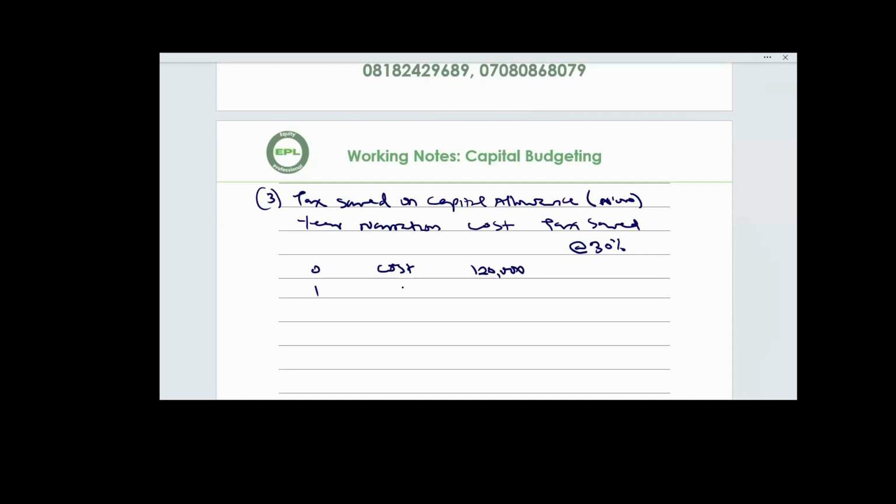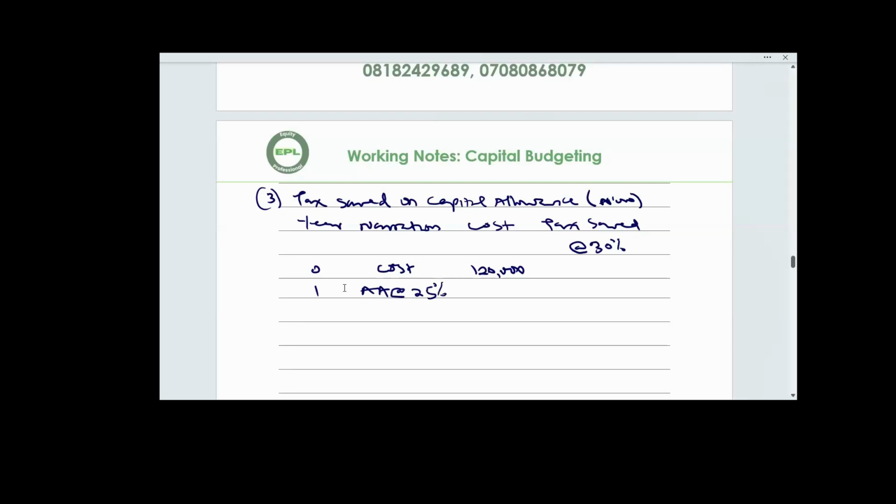Then in year 1, in this question, the examiner did not give us initial allowance. Therefore, you are going to ignore it. So you only calculate for annual allowance. The capital allowance rate given is 25%.